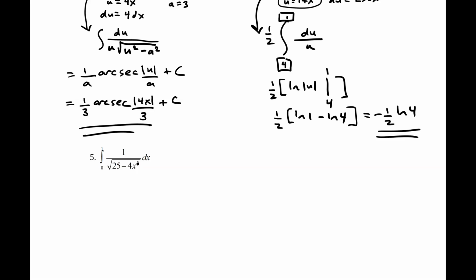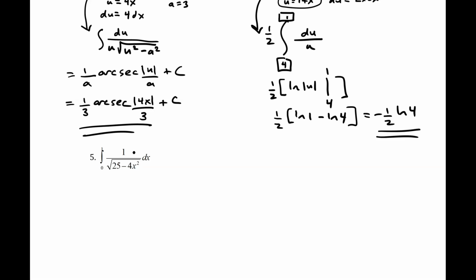Your du would be 2 times 4x, so your du would be 8x if you were considering the inner part of the composite function as your u substitution. However, you can't have a du like that in this problem because we only have constants here. And so when I see those types of u substitutions failing, this is when I'm automatically thinking, okay, this is probably an inverse trig problem.